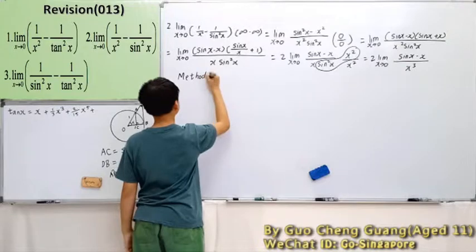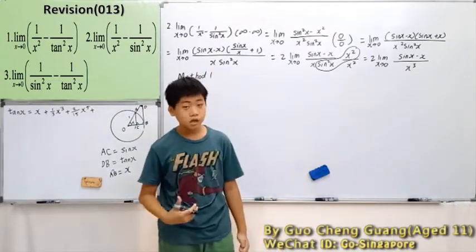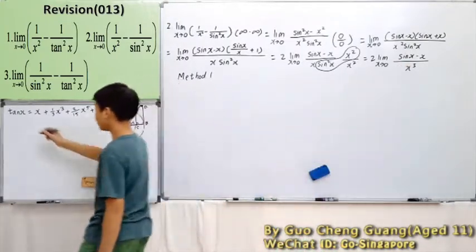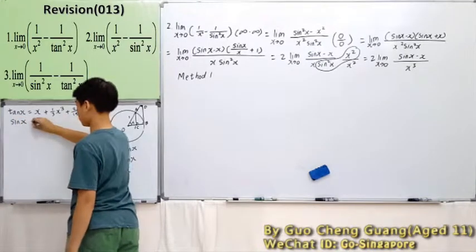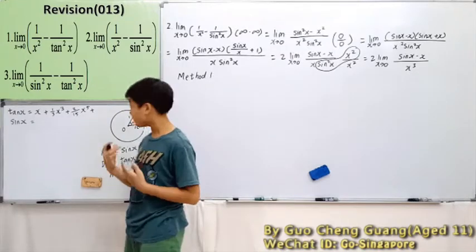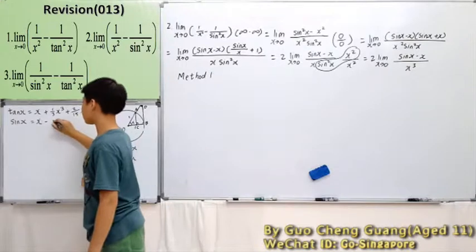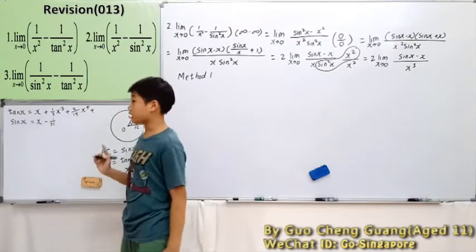Method 1. We will again use Maclaurin series, but this time is for sine x. So let me tell you what it will be like after that Maclaurin series. So sine x, this now is a bit different. At first it's still x, but after that it's minus 1 over 3 factorial this time.